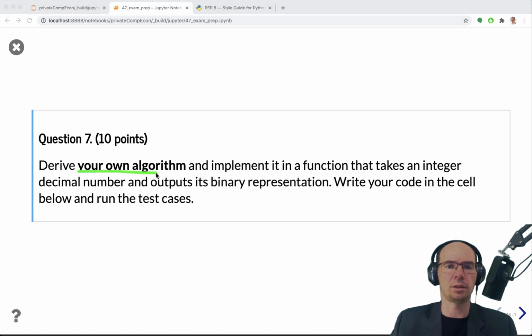Your own algorithm is emphasized here, which is basically a way of saying that it's not going to be good if you Google something and copy it in. I can tell you from experience that this is very easy to detect if you've done that.